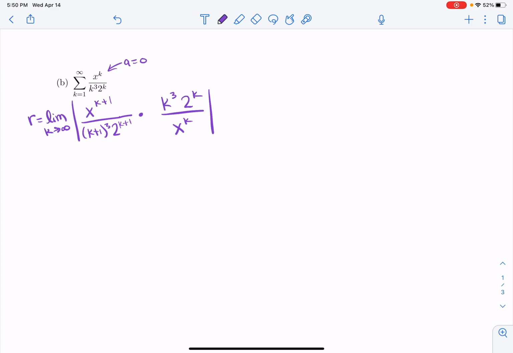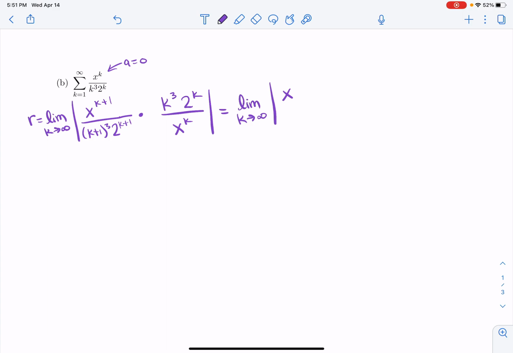We have to keep our absolute values at least on the x because we never know if x is positive or negative. So this is the limit as k approaches infinity, and let's see what terms we can cancel. The x to the k plus 1 and the x to the k, all we're going to be left with is a single x in the numerator.